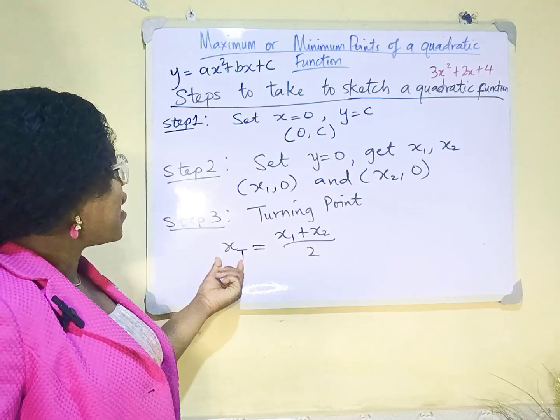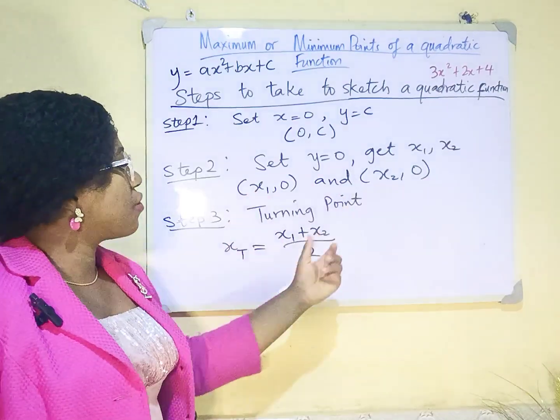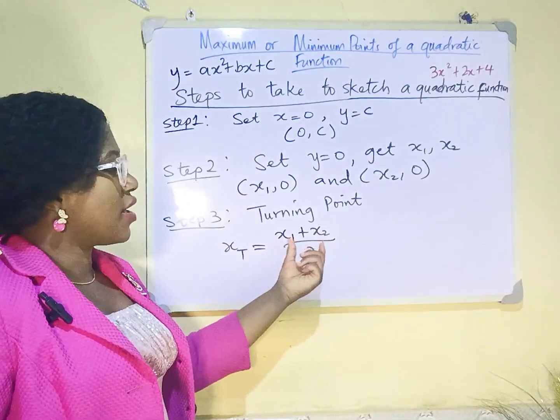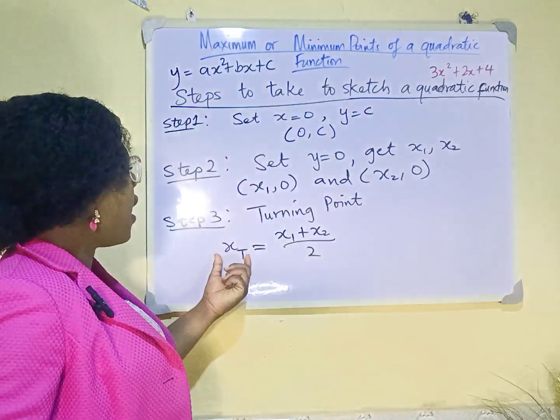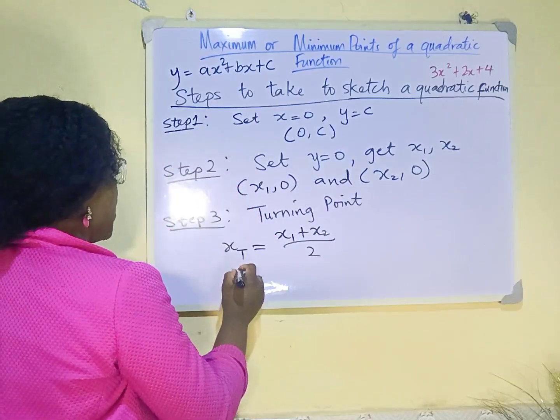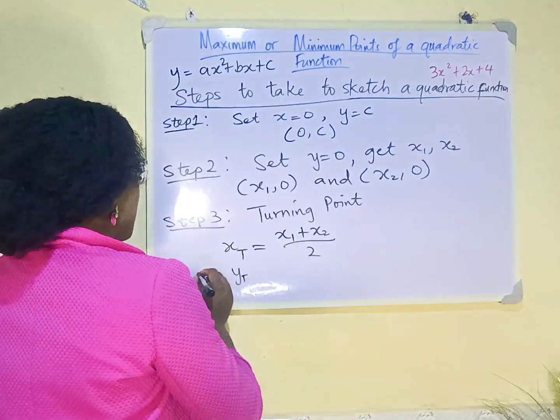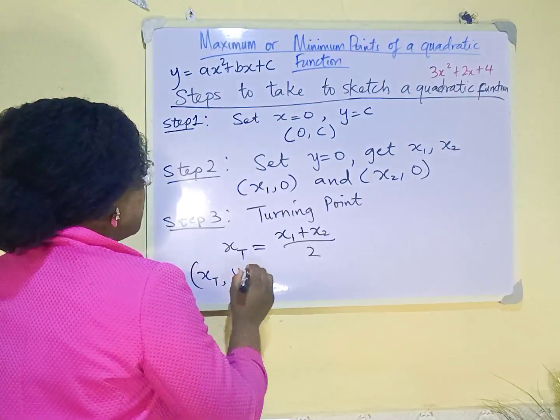Then when I know my xt, using this x1 and this x2, I get the average, and then I will put this new value into this equation to get my yt. Okay, then I will have my coordinate xt comma yt.